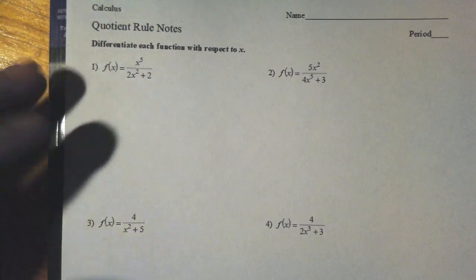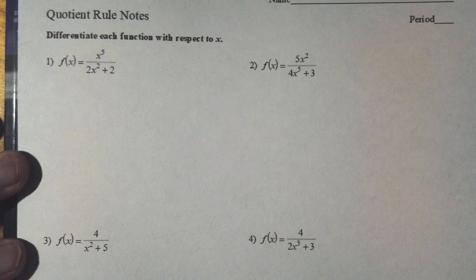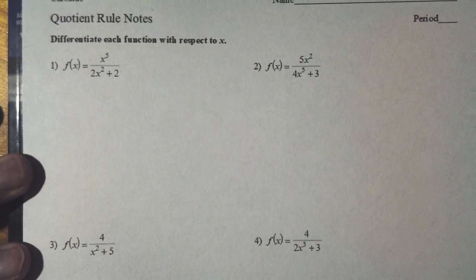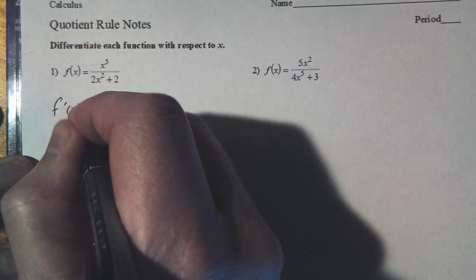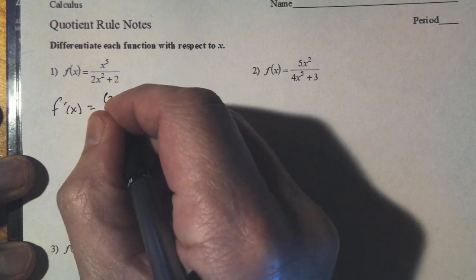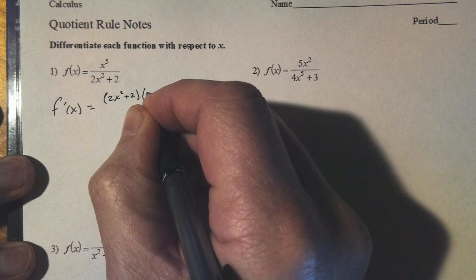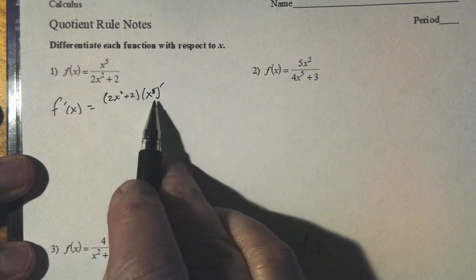We have a high function, we have a low function. Our high function is x to the fifth. For just one time, I'm going to set this whole thing up using an extra step. So f prime of x is the low function, low d high, so I still need to take the derivative of that.